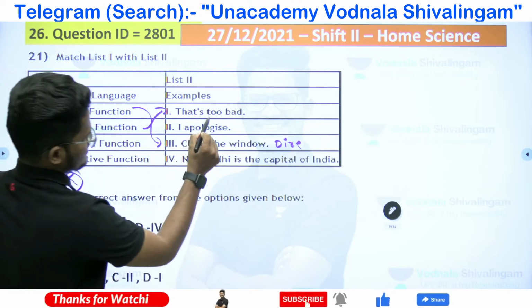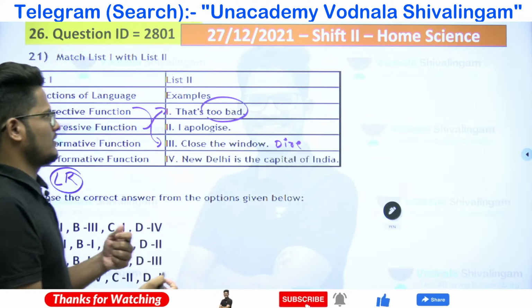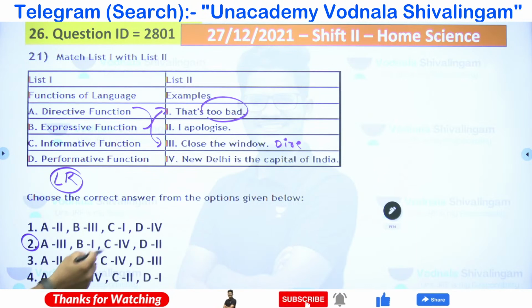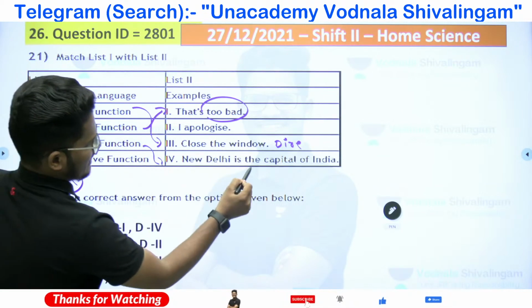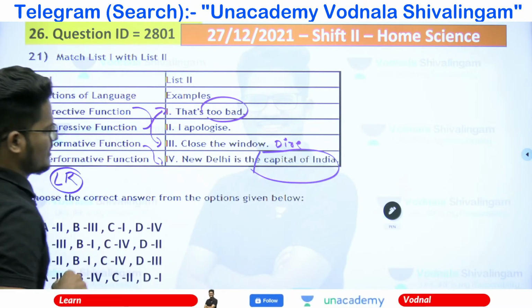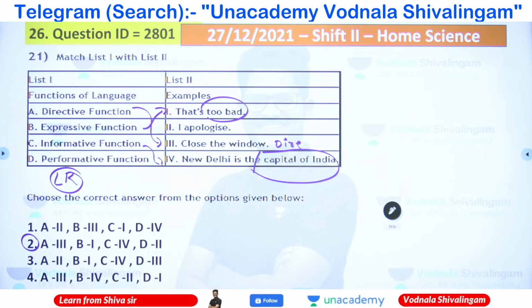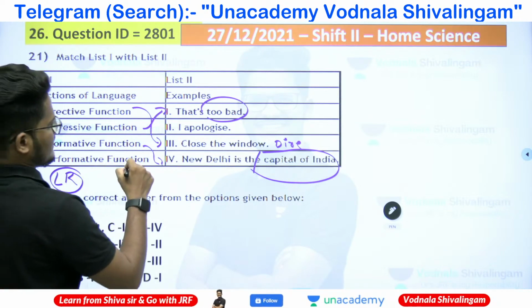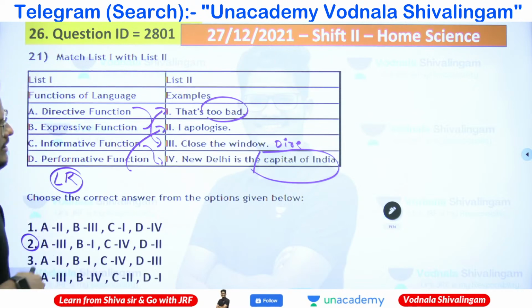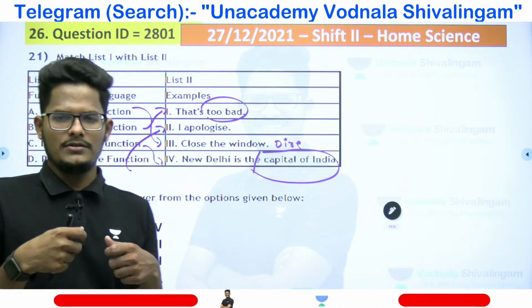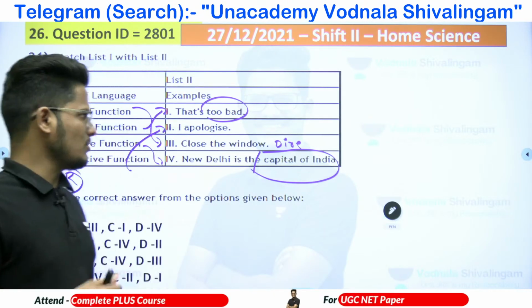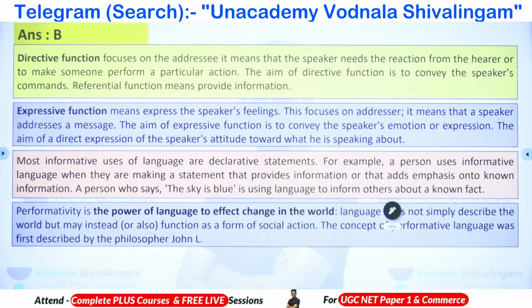That is expressive function, which is "too bad" or "too good." And informative function is the fourth one. "New Delhi is the capital of India." This is information or knowledge that you are trying to give. And performative function is the second one, that is "I apologize." It means you are performing a function where you have made some mistake and you are trying to say sorry. That is apology.